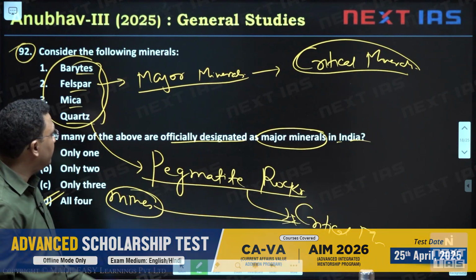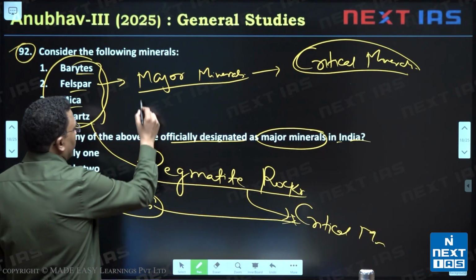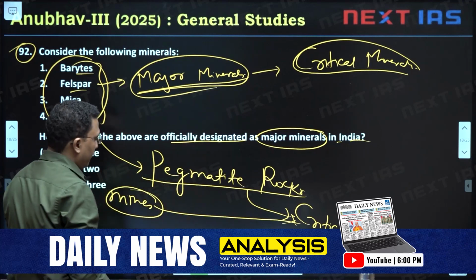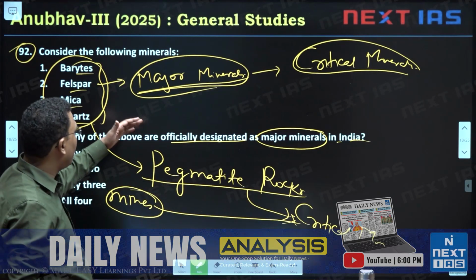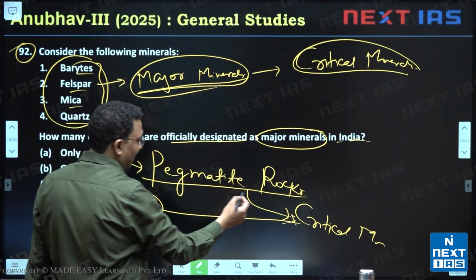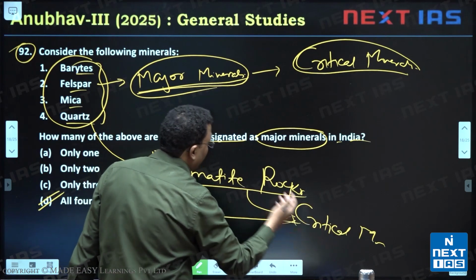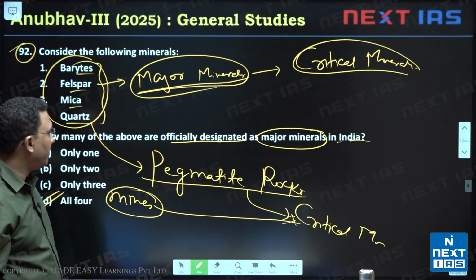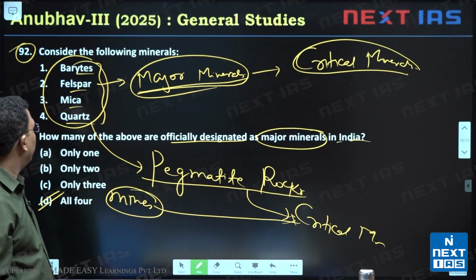And that's the reason central government categorized them as major minerals, right? So they have been shifted from the category of minor mineral to major mineral. Now the critical minerals that are associated with these rocks or these mines will be explored with a special focus, right?